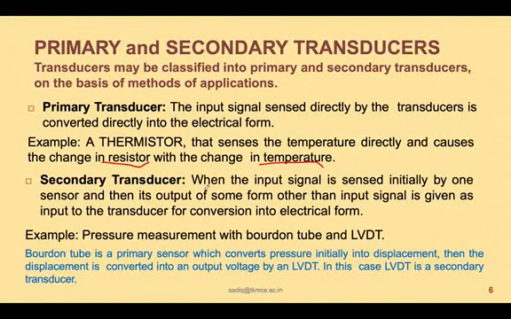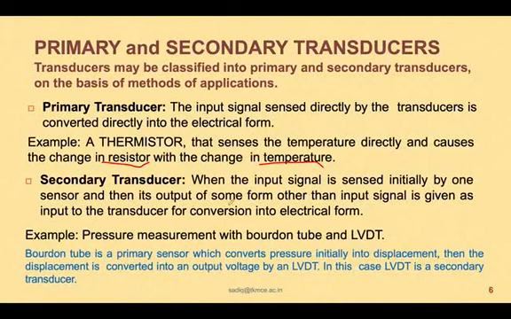In secondary transducers, the input signal is sensed initially by one sensor and then its output, in some other form than the input signal, is given as the input to the transducer for conversion into electrical form. That is, one form is converted to another form, then the second form is converted to electrical form.